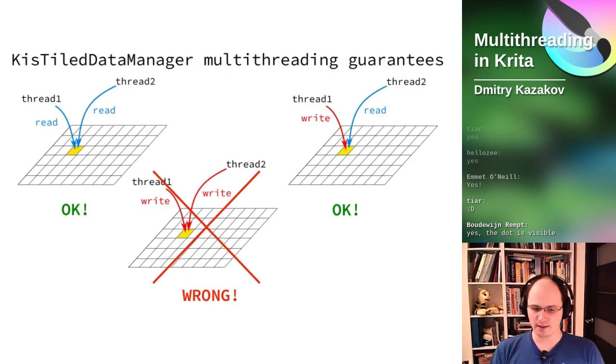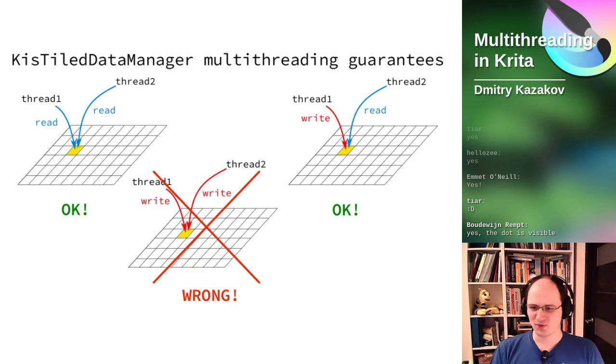Just concluding it as a simple rule, if you write new code that does multithreading and which accesses the same paint device in different threads, and you see a crash somewhere deep in the tiles data manager, it's probably you are trying to write into overlapping areas.